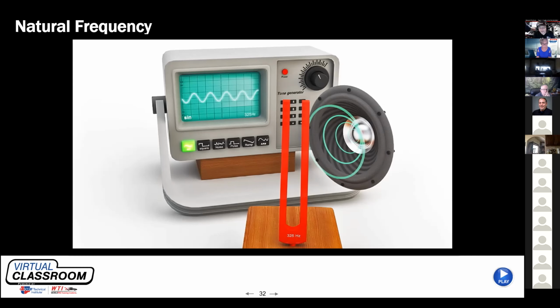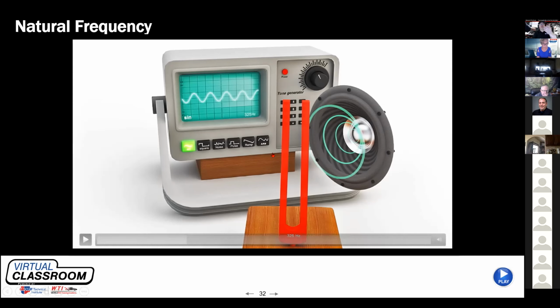What did I just tell you? Everything in our world has a natural frequency. You apply a vibration with enough force at the same natural frequency as the component or whatever you're looking at, you will get it to vibrate.